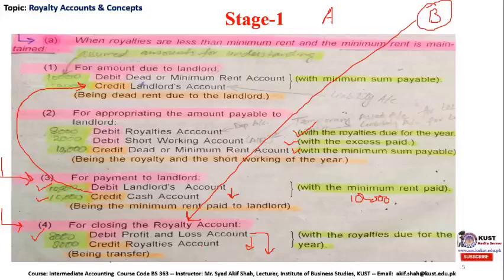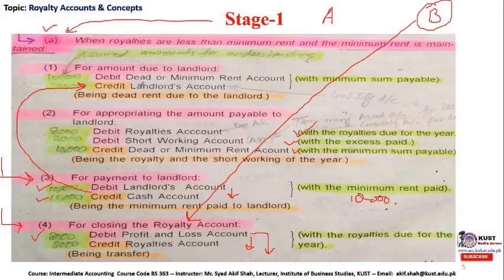And then you can give a short narration at the end of this journal entry by being transferred. So this is all about case A under stage number 1, when the minimum or dead rent account has been maintained.